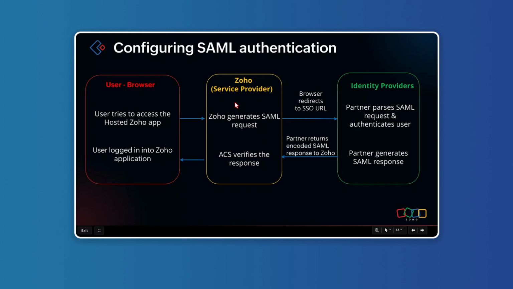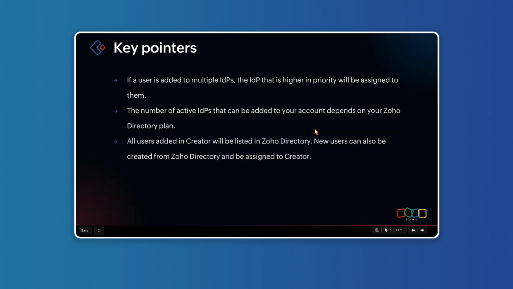Now let's get into some of the key pointers that you need to note while working with the SAML authentication. When you have multiple identity providers, you can have the identity provider that is higher in priority assigned to the user, and the number of active IDPs depends upon the Zoho Directory plan that you are in.